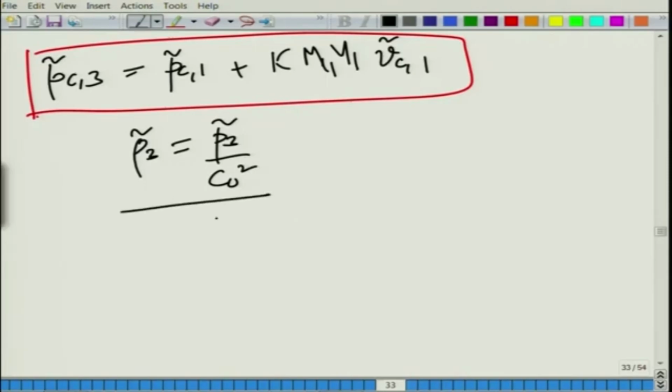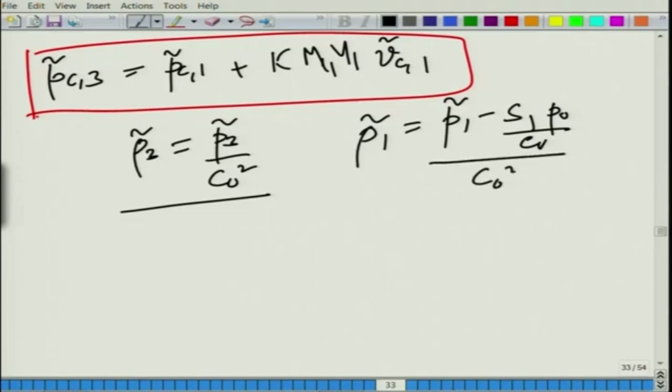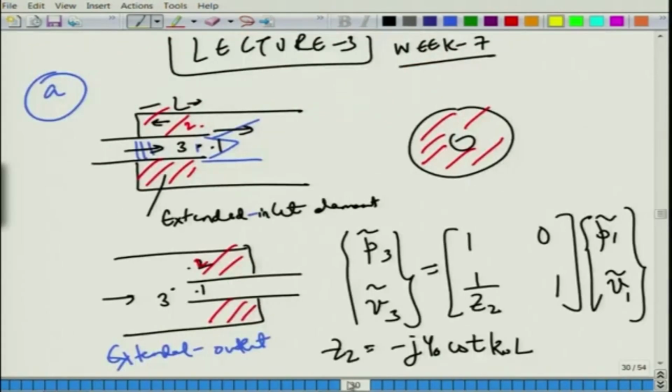So, this is always there, and downstream rho 1 tilde is equal to P 1 tilde minus S1 times P naught by CV by C naught square. What are all these quantities? Are we looking at them for the first time? Well, S1 is not the cross sectional area here, it is the entropy term in the chamber, because it is an extended inlet element as we see here.